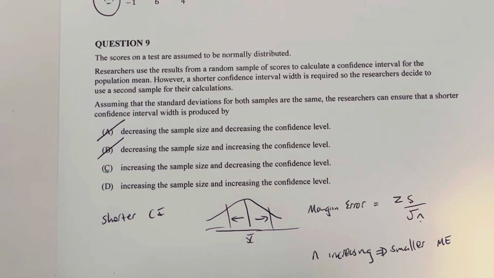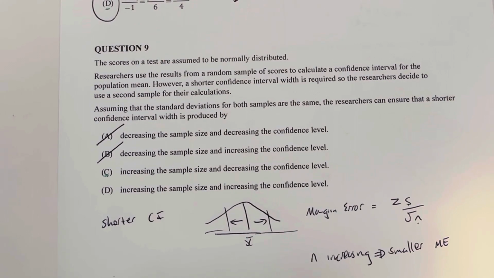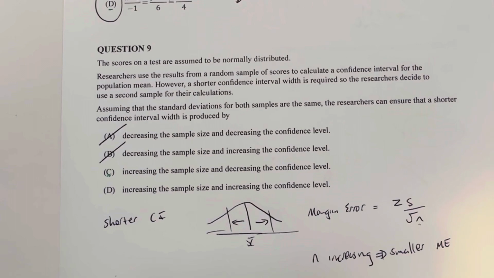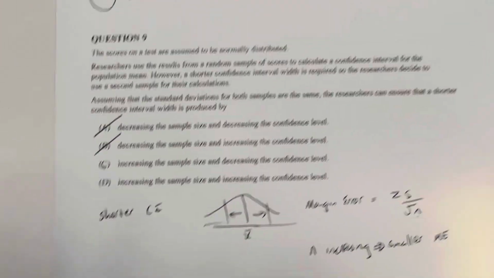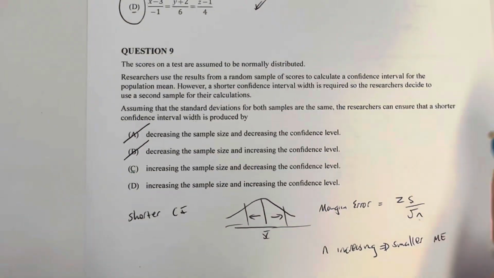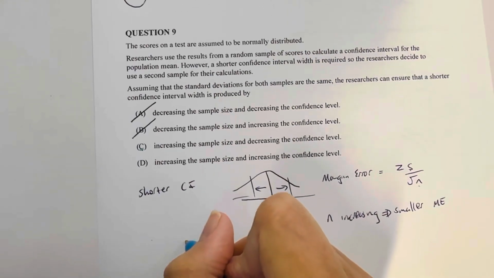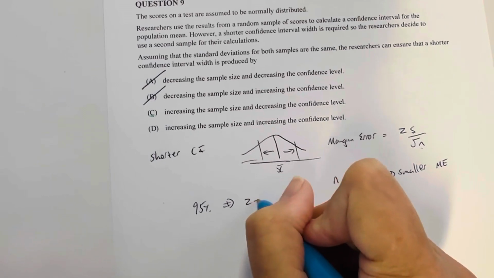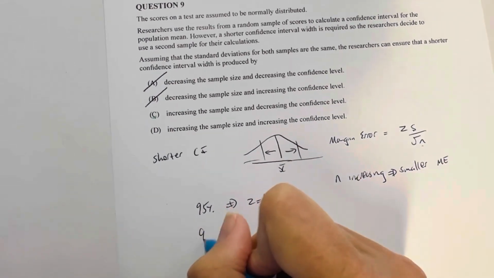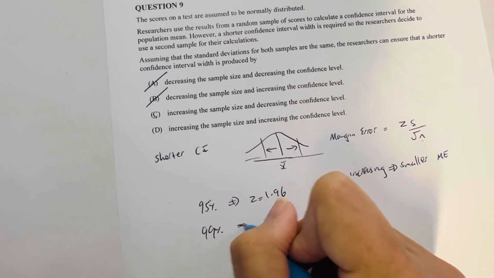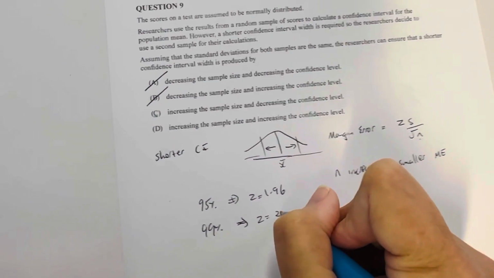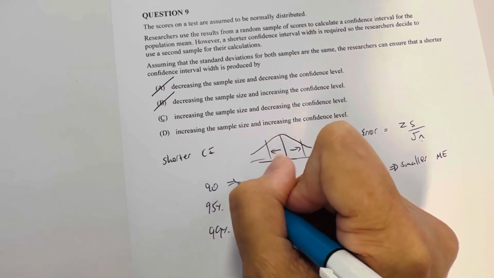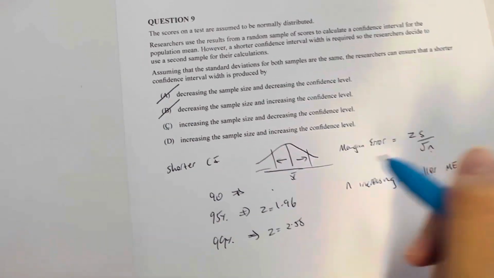Then it talks about whether we are decreasing our confidence level or increasing our confidence level. Remembering, for a 95% confidence interval, its Z is 1.96. For a 99%, it's 2.58, I want to say. If we go 90, it's less.